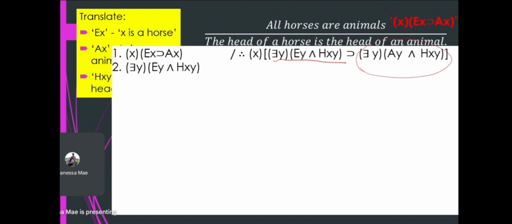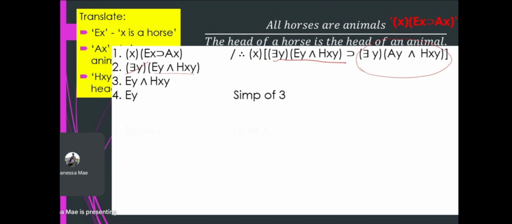What we have done here is drop another quantifier from 2. So what remains are AY and HXY, by EI again. For number 4, we can do EY, simplifying number 3.